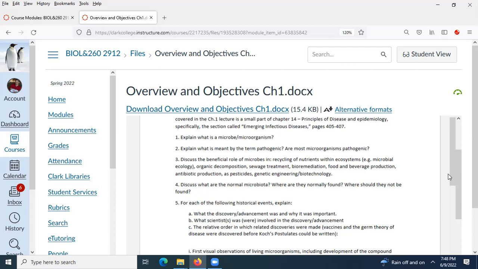Dr. Koch, the main things he did: he came up with Koch's postulates, a procedure to identify a microbe as causing a specific disease, and he identified the first microbe that was shown to cause a disease. And that was Bacillus anthracis, causing the disease anthrax.